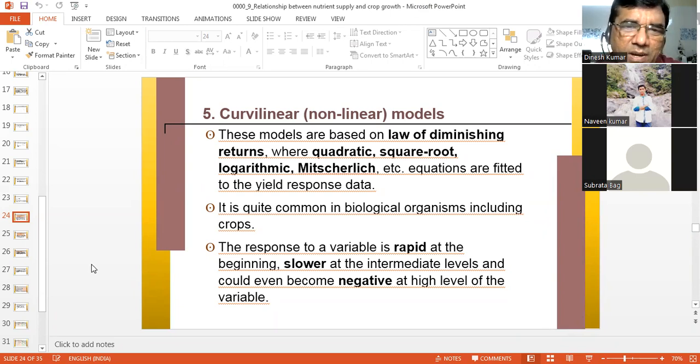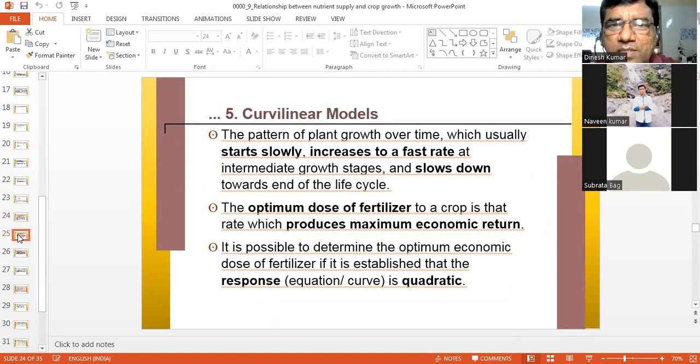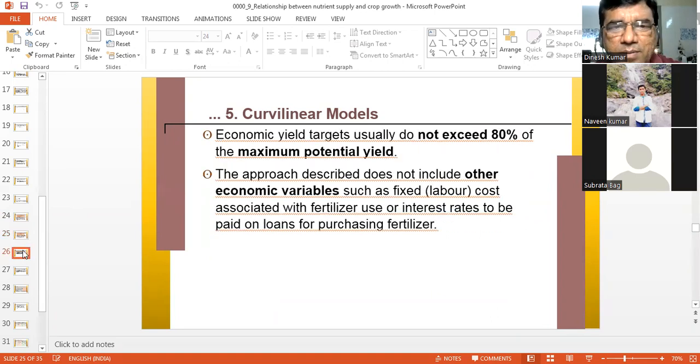These kinds of relationships are quite common in biological organisms, and in plants also. The pattern of plant growth over time starts slowly, increases to a fast rate at intermediate growth stages and slows down. The optimum dose you can decide through a quadratic relationship. So these models are already there.